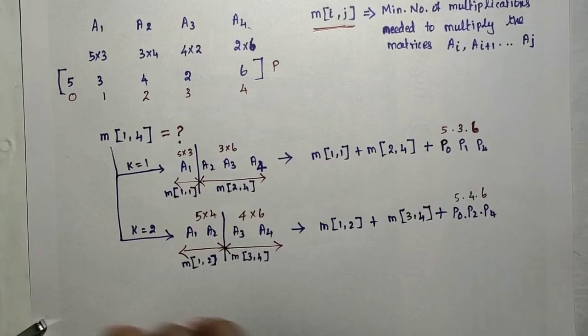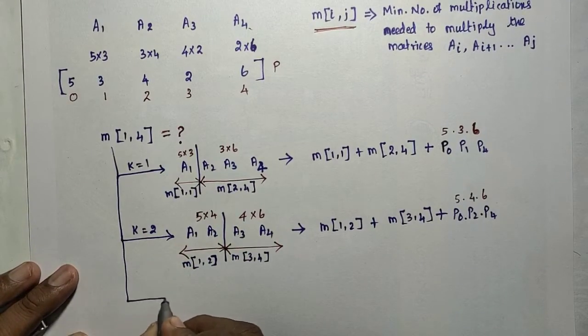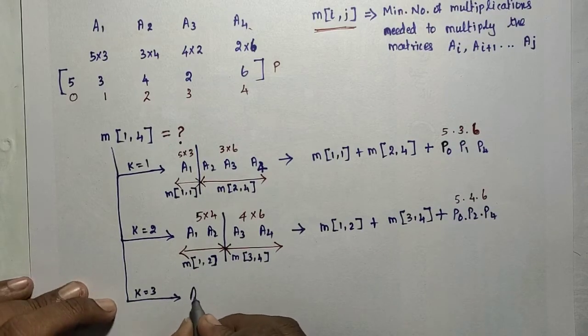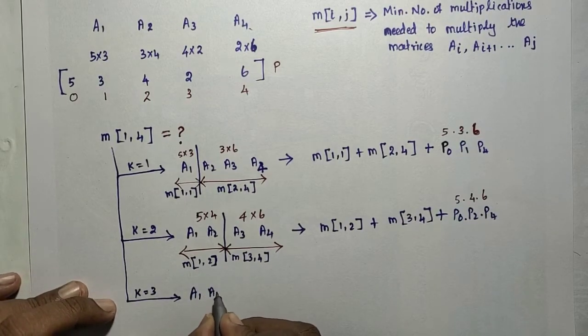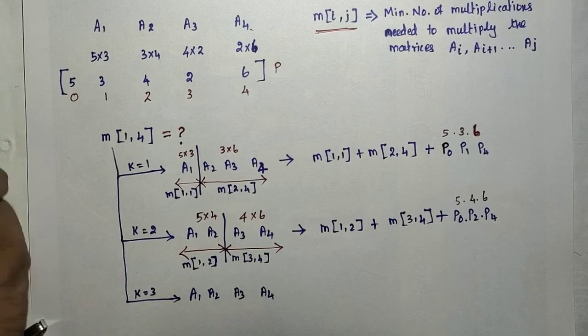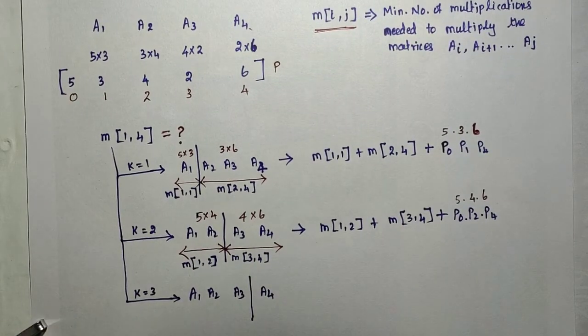And the third option is if k equals 3. We have to stop up to this, k equals 3. So if you make the cut on the third position, it means the same A1, A2, A3 and A4. Here the cut is made on the third position, and we will get two sequences, left side and right side.